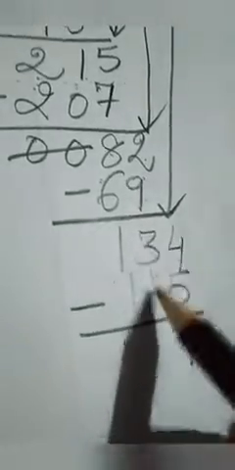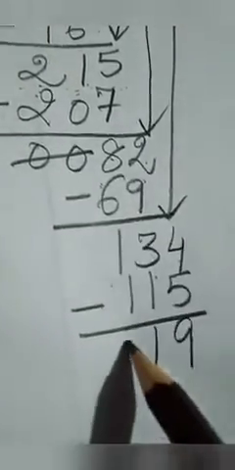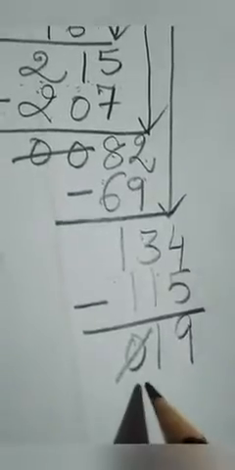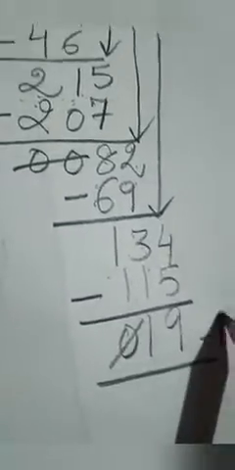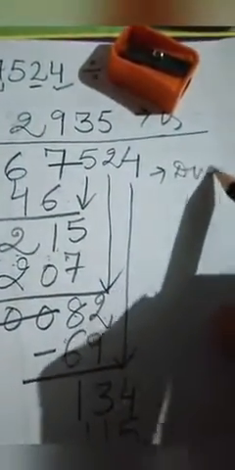Here left 2, 2 minus 1, 1. Here 0. This we will ignore. We got 19 as the remainder. This is the quotient, this is the divisor, and this is the dividend.